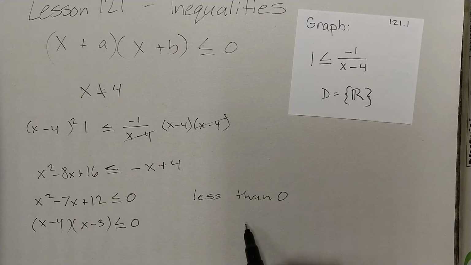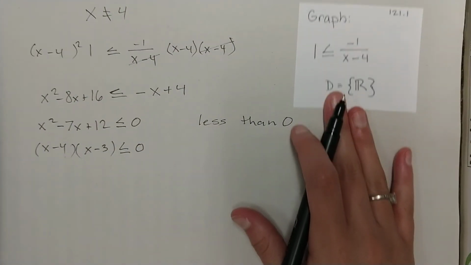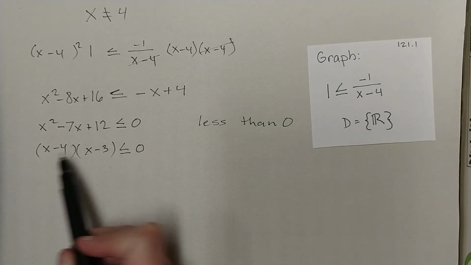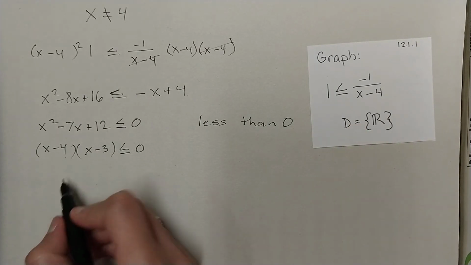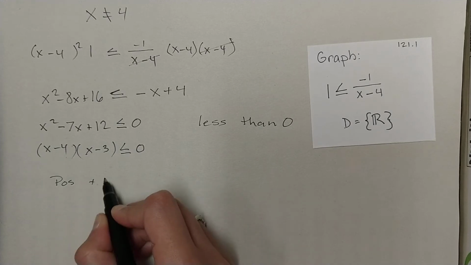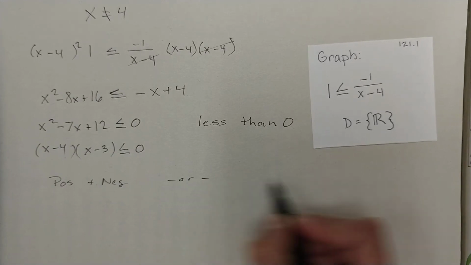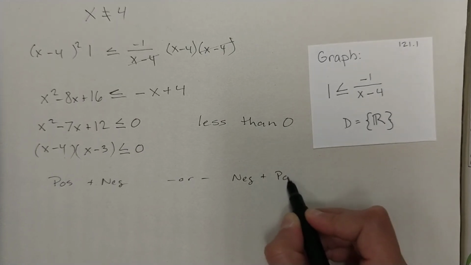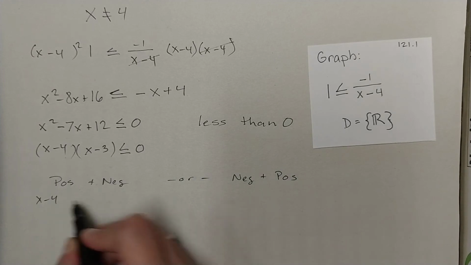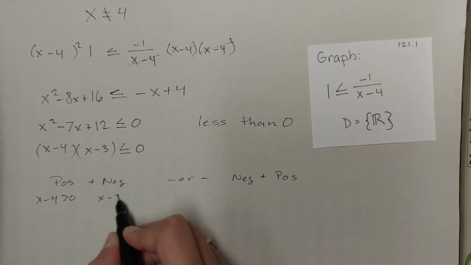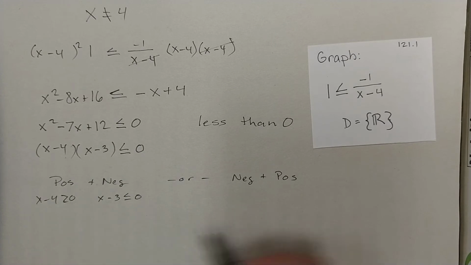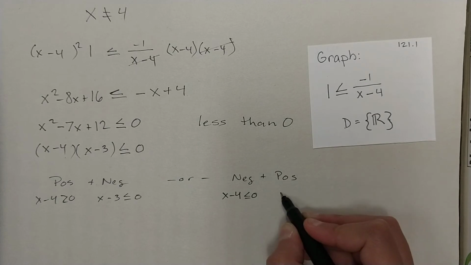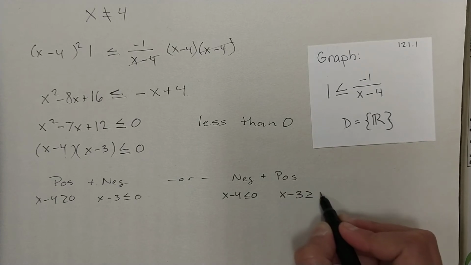Because this is an inequality that is less than 0, we know that we have to have a positive and a negative, or a negative and a positive, because our final value has to be negative. So x minus 4 greater than 0 and x minus 3 less than 0, or x minus 4 less than 0 and x minus 3 greater than 0.